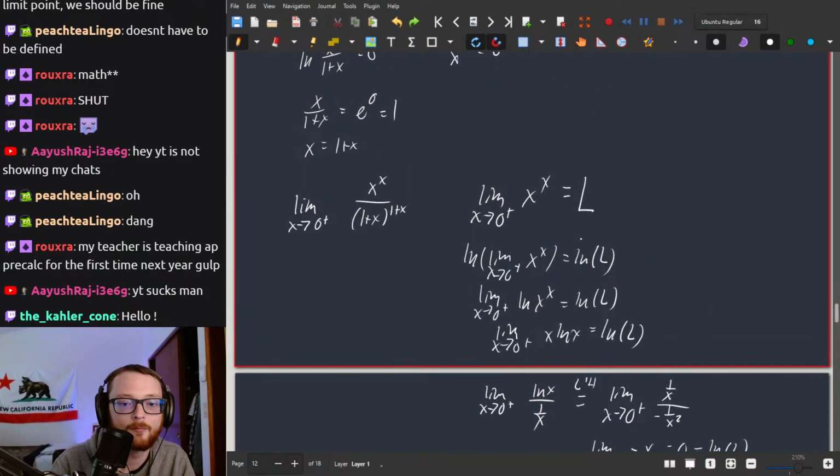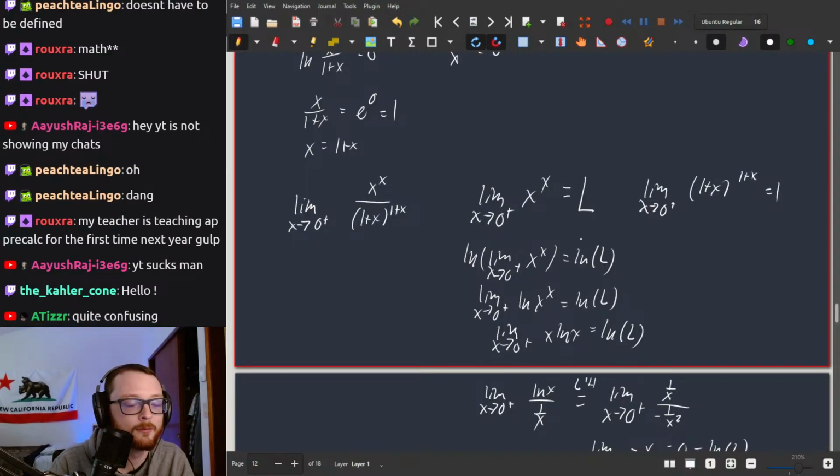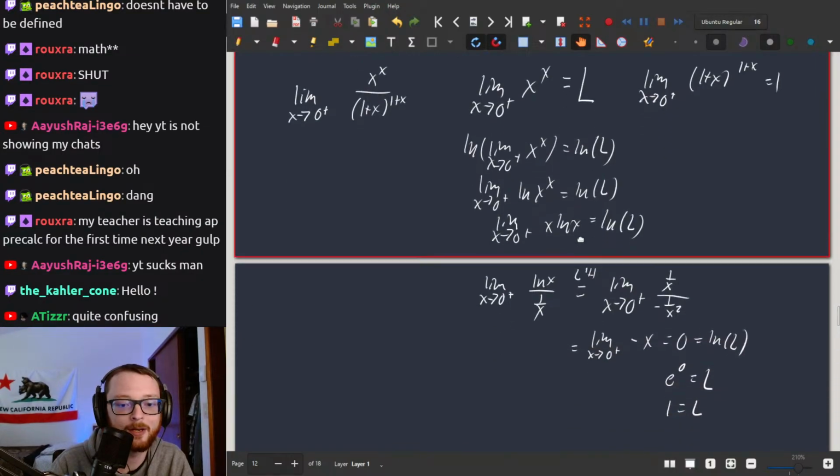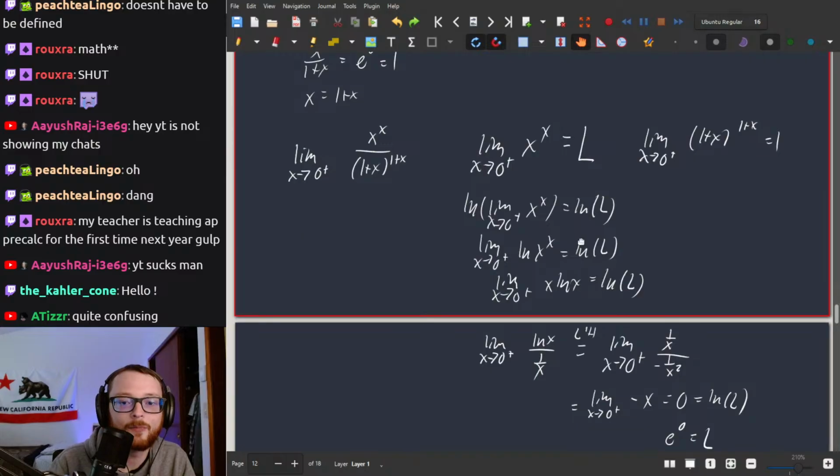The limit as x goes to 0 from the right of 1 plus x to the 1 plus x is also 1. It is a really confusing thing. This is not an easy limit to compute. And if you haven't seen L'Hopital's before, that makes it even weirder. So I'm sorry about that. This is just a change of variables from this. There's nothing substantively different.